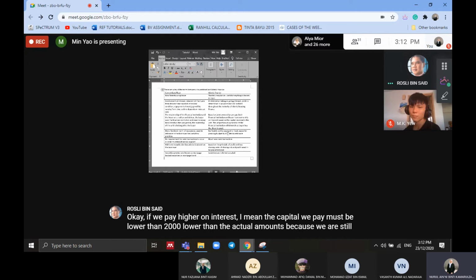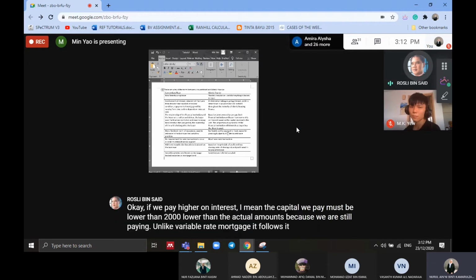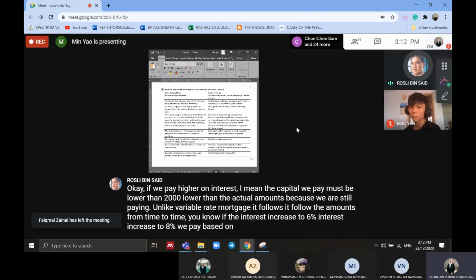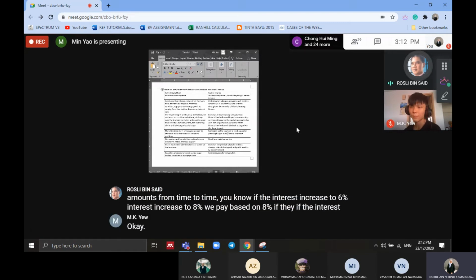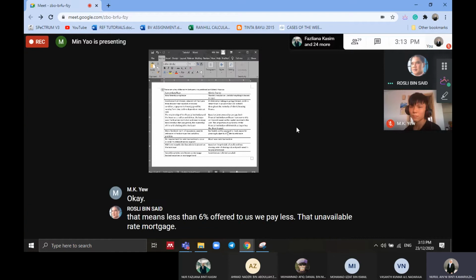Unlike variable rate mortgage, it follows the amounts from time to time. If the interest increases to 8%, we pay based on 8%. If the interest is reduced to 4%, that means less than the 6% offered to us, we pay less. That is under variable rate mortgage.